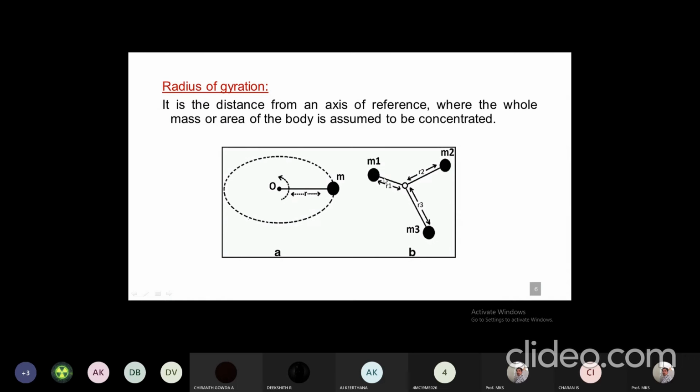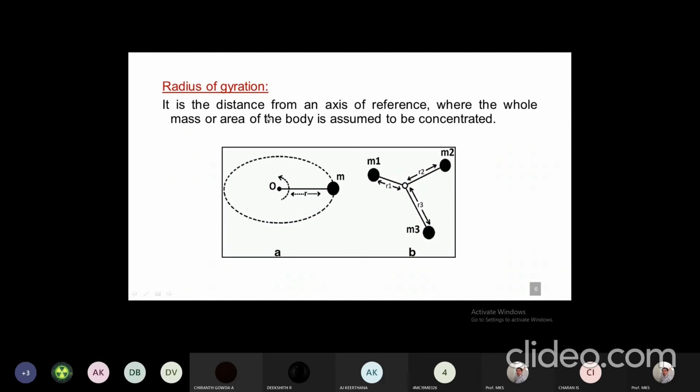For example, the mass of the first member is M1, for the second it is M2, and the third it is M3. These three are at different locations with respect to one fixed point. At this particular single point the mass of all these objects is concentrated. That we call the radius of gyration.